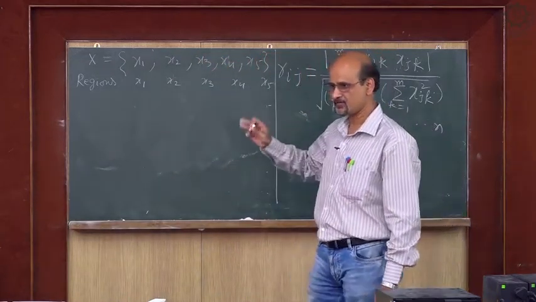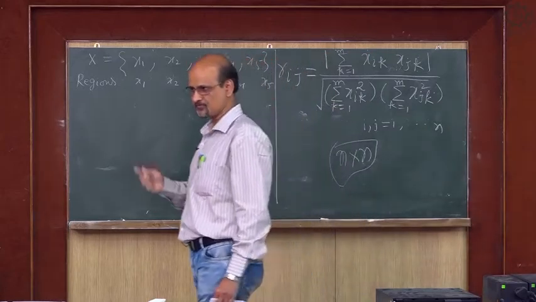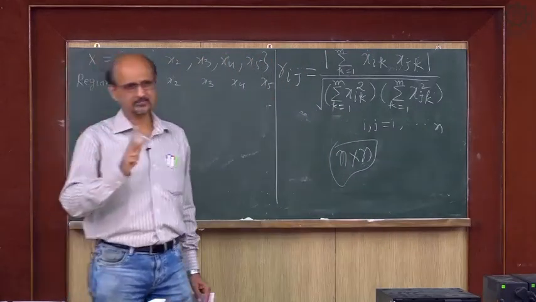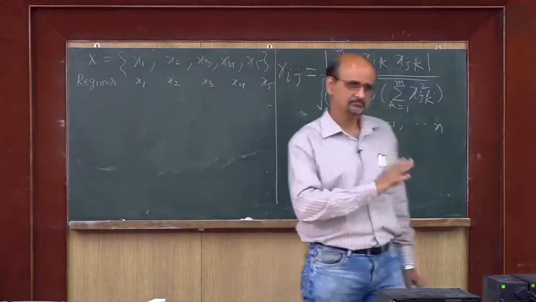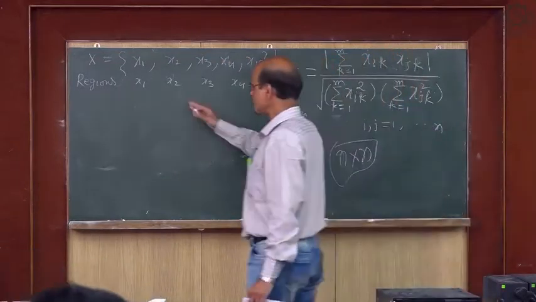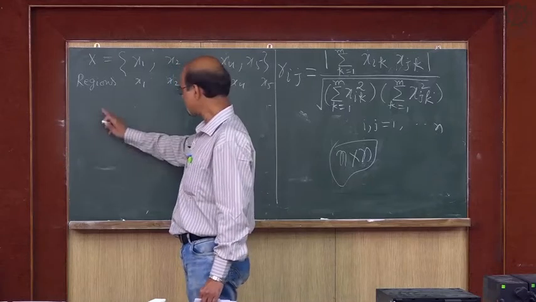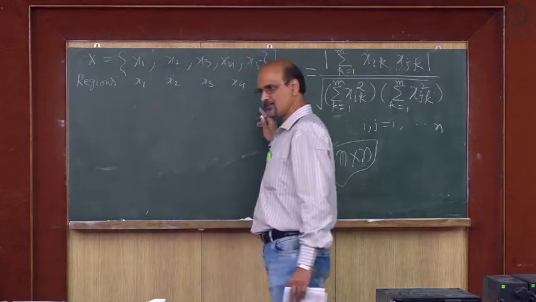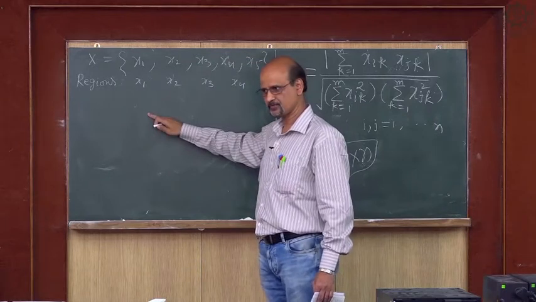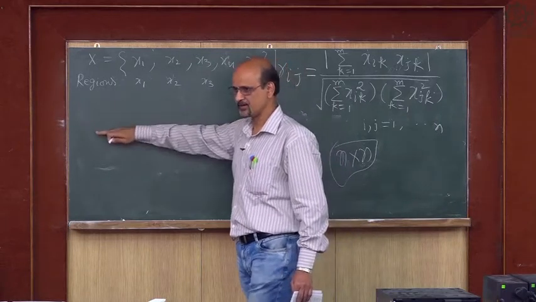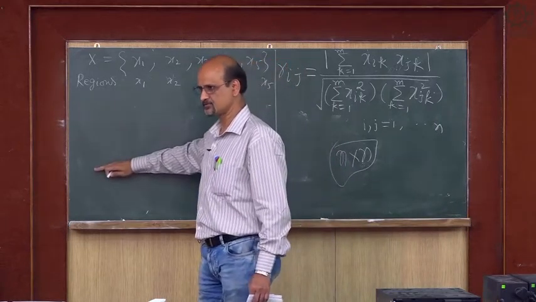I have divided into 3 damage criteria: the first is no damage, the second is medium damage, and the third is fully damaged, okay. I will write 3 rows, and corresponding to that I will write the membership values, for no damage, medium damage, fully damaged.